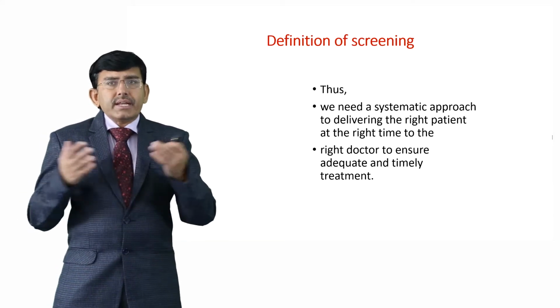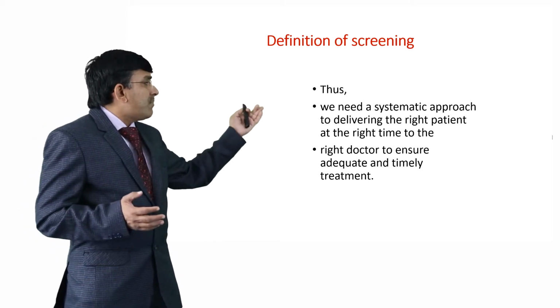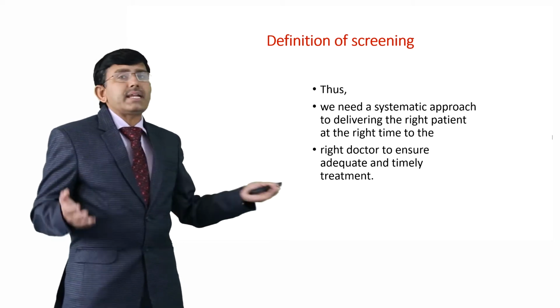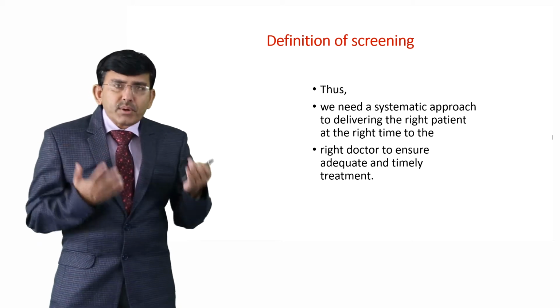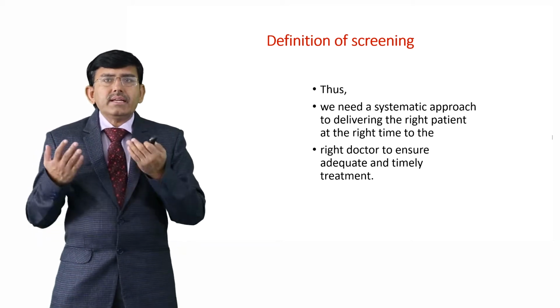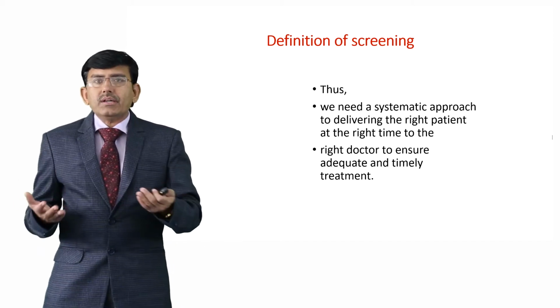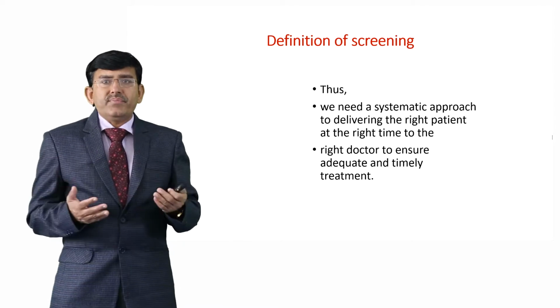Such screening process of subjects in the masses is further explained in detail. Like, we need a systematic approach to delivering the right patient at the right time to the right doctor to ensure adequate and timely treatment.